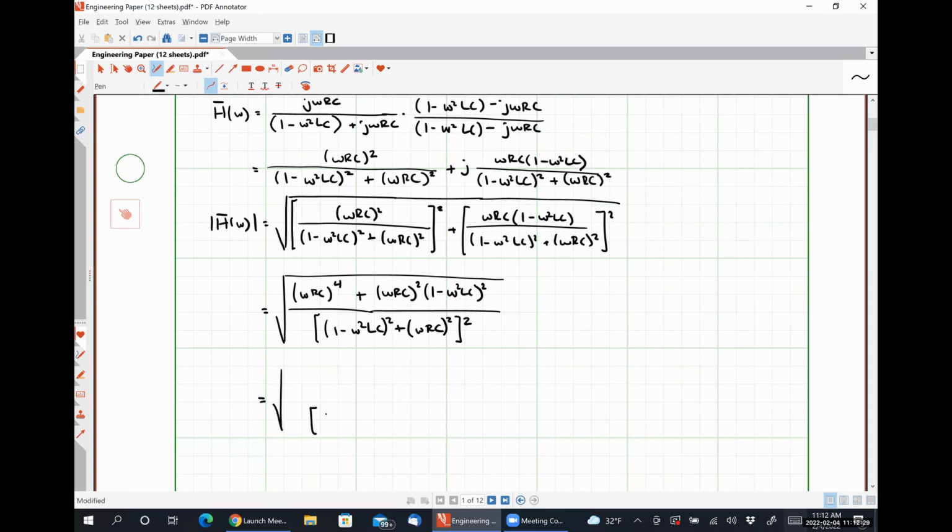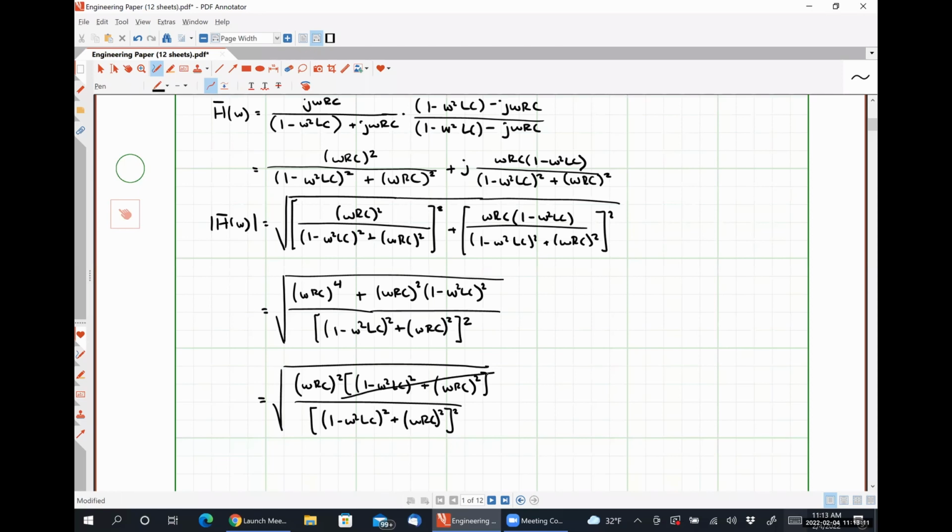So my denominator is going to stay 1 minus omega squared LC quantity squared plus omega RC quantity squared, all squared. If I factor out an omega RC quantity squared, this is going to be multiplied by 1 minus omega squared LC quantity squared for my second term plus omega RC quantity squared for my first term.